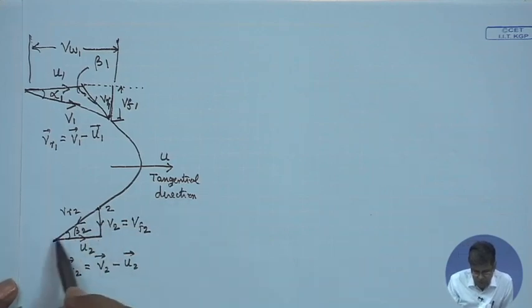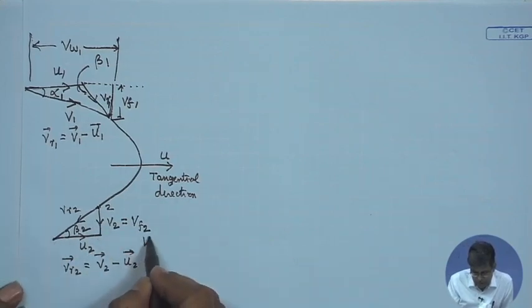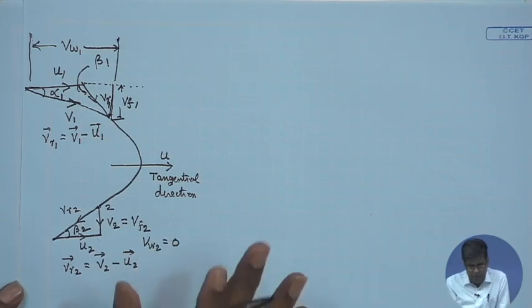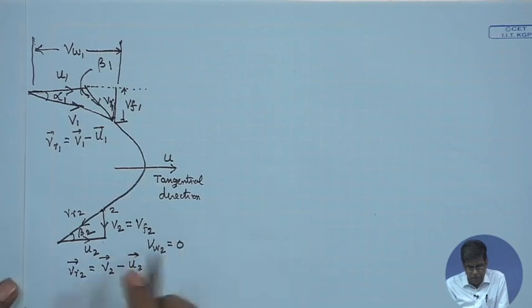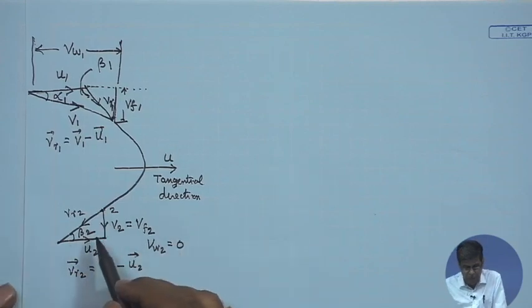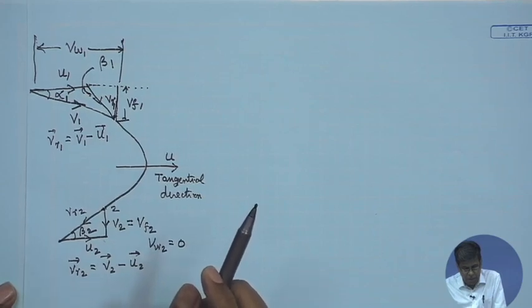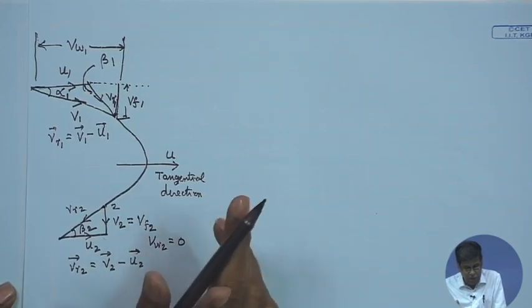The outlet velocity tangential component is 0, so Vw2 is 0. This is the nomenclature for the velocity triangles, or velocity vector diagrams, at the inlet and outlet of a Francis turbine.